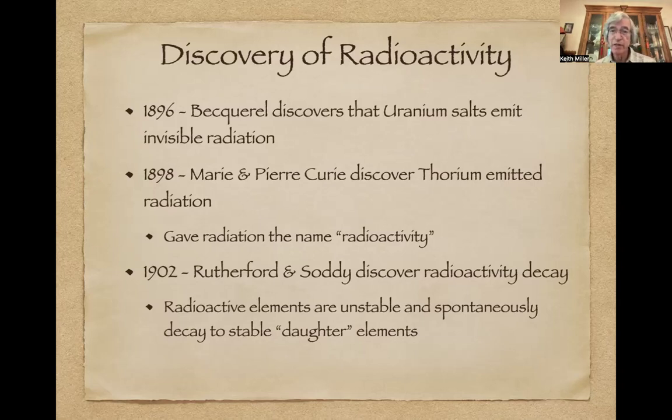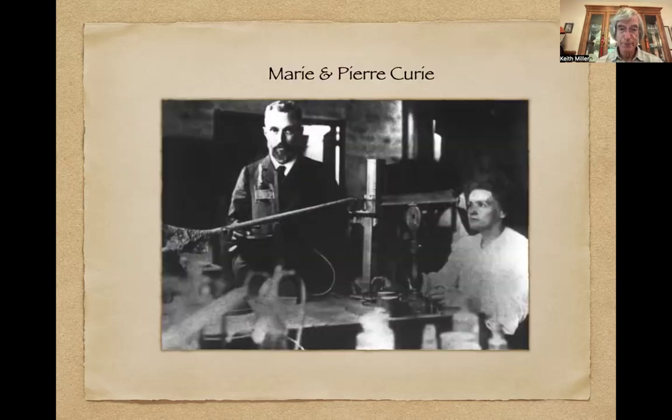And then subsequently, Rutherford and Soddy discovered radioactive decay. In other words, certain elements that are emitting these various types of radiation are unstable, and they spontaneously decay into stable or non-radioactive daughter elements. And it turns out that this occurs at a very steady, constant rate.